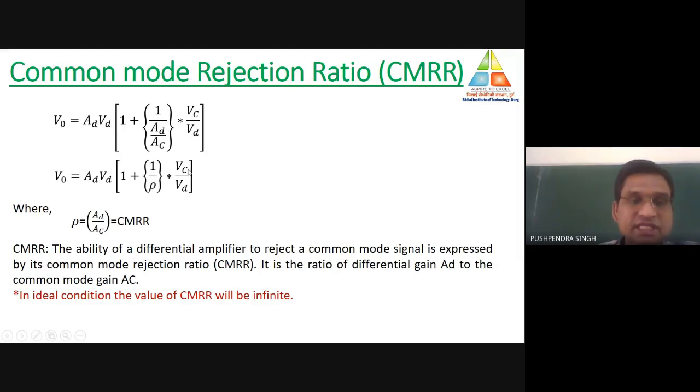Here Vc is the common mode signal, rho is CMRR, AD is the differential mode gain, and Vd is the difference of two input voltages.